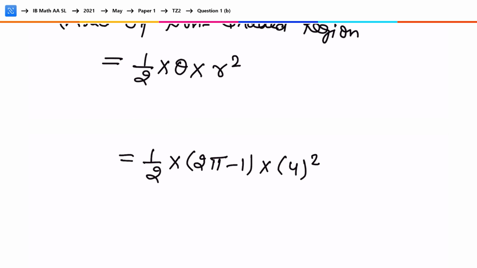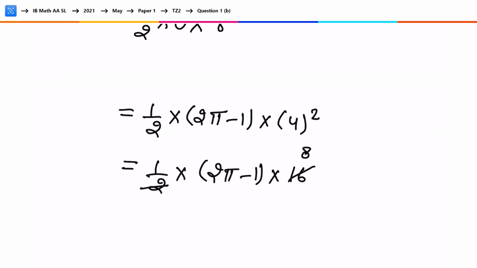This simplifies to area equals 1/2 multiplied by (2 pi minus 1) multiplied by 16. Next, we divide by 2, resulting in 8. So, the area becomes 8 multiplied by (2 pi minus 1). This is our final answer.